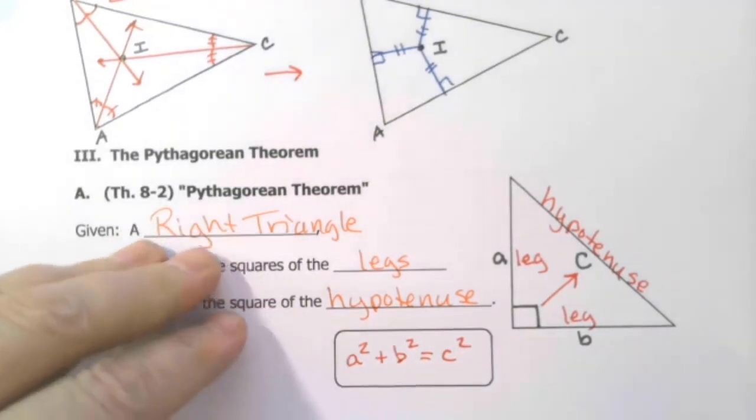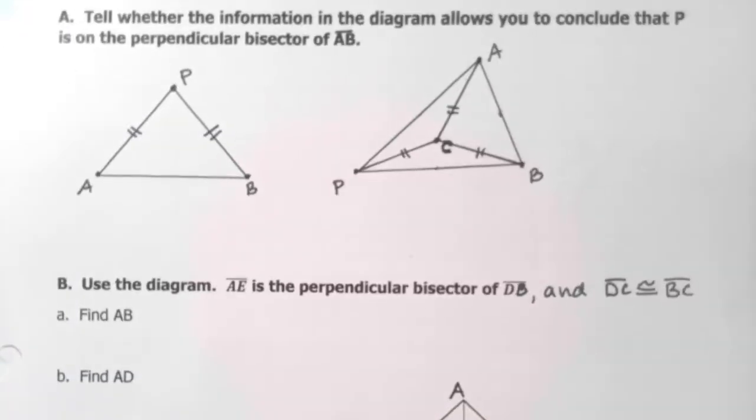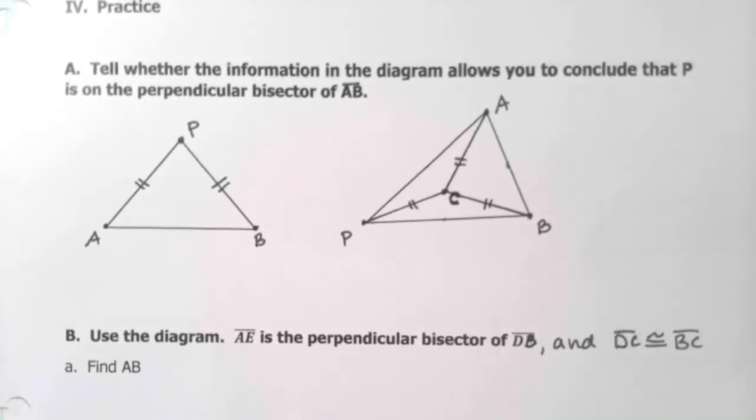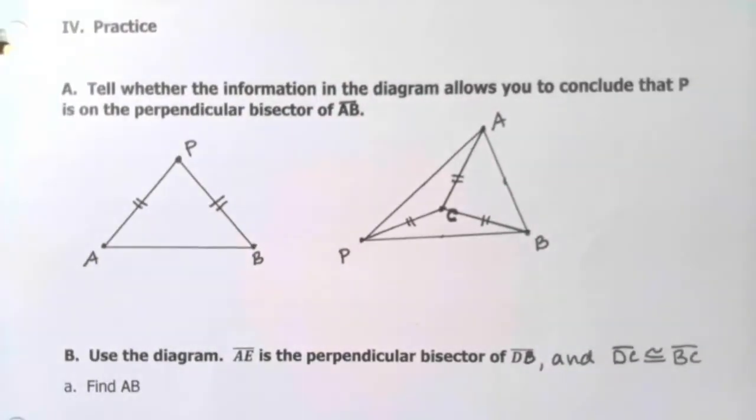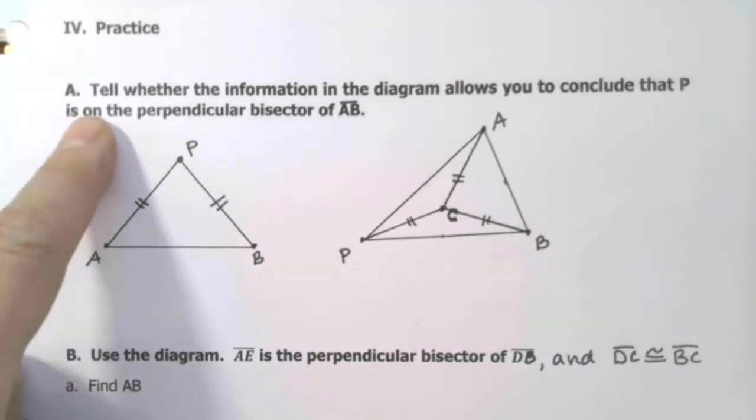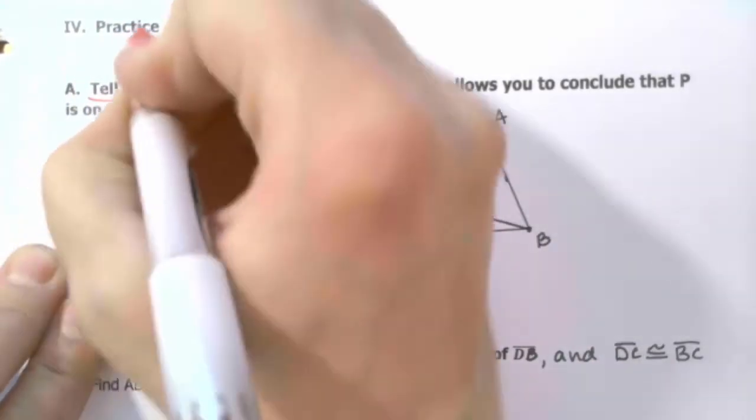All right, flip the page. We're going to do a little practice. Here we go. Tell whether the information in the diagram allows you to conclude that P is on the perpendicular bisector of AB. And it says tell. Tell means explain.